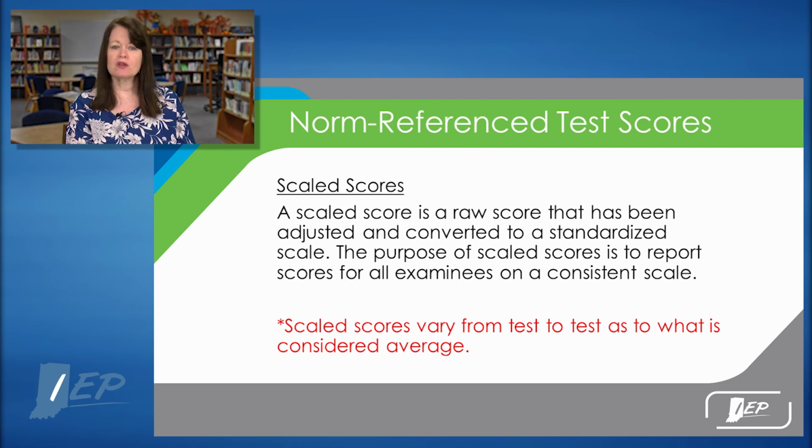So you need to make sure and always consult the test manual so that as you're reporting, you can put those descriptions right into your report so that a parent can say, oh, my child got a 9 on this. Now I know what it means because a score between this and this falls within the average range.